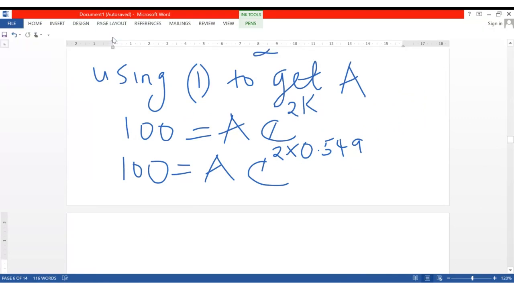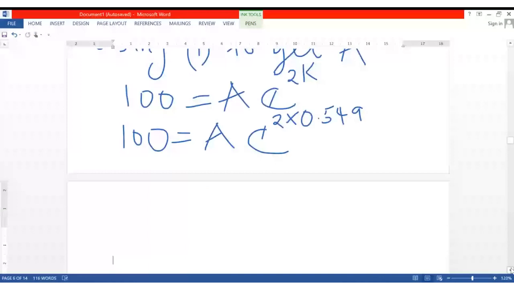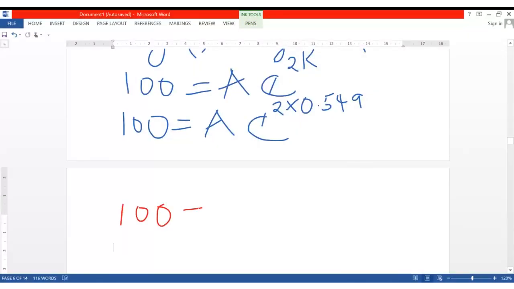I'm getting 100 is equals to a exponential 1.098. That's what I'm getting if I multiply by 2.